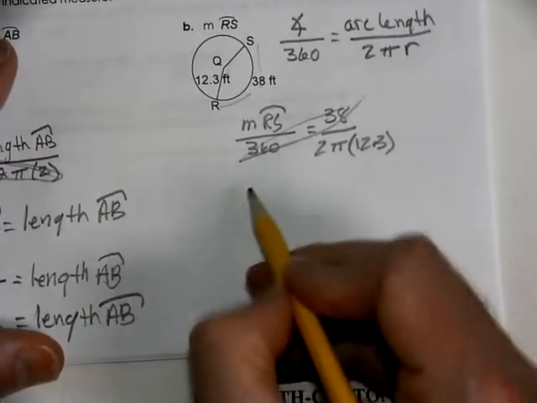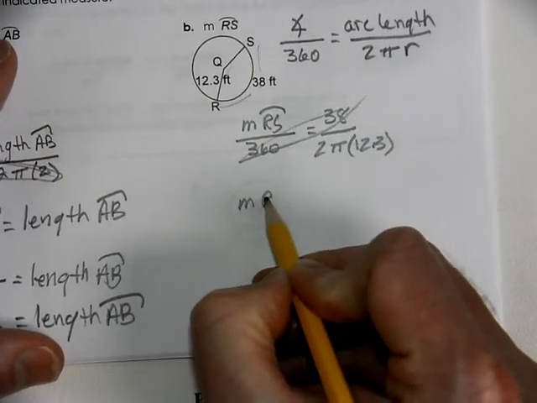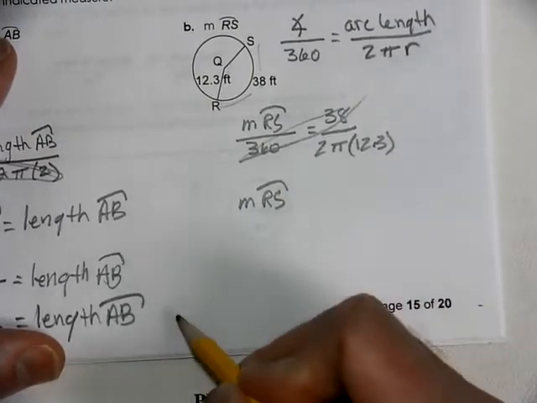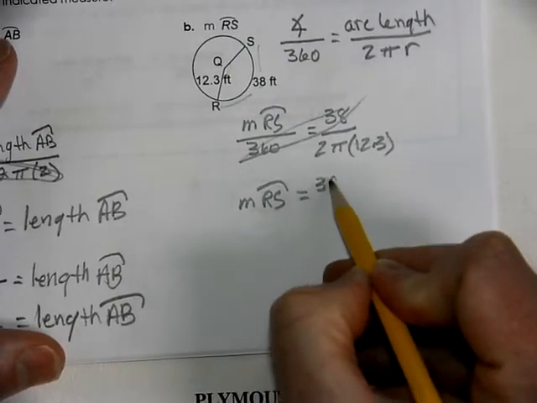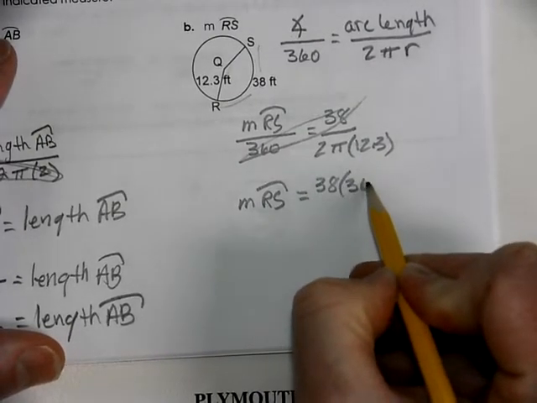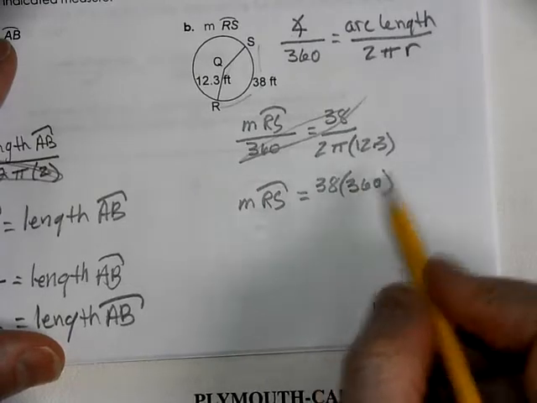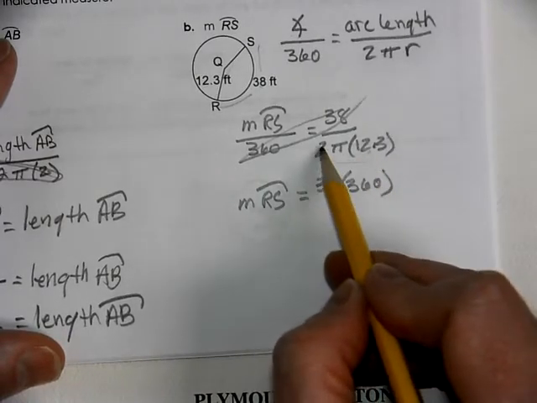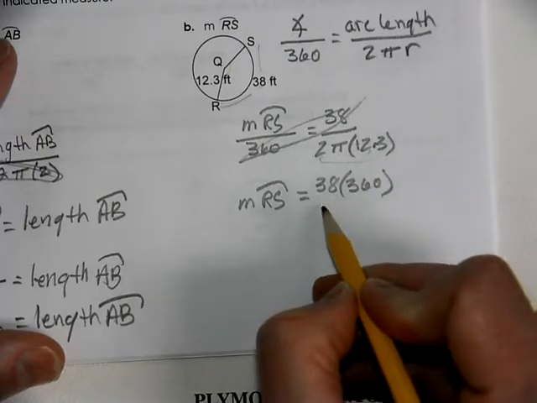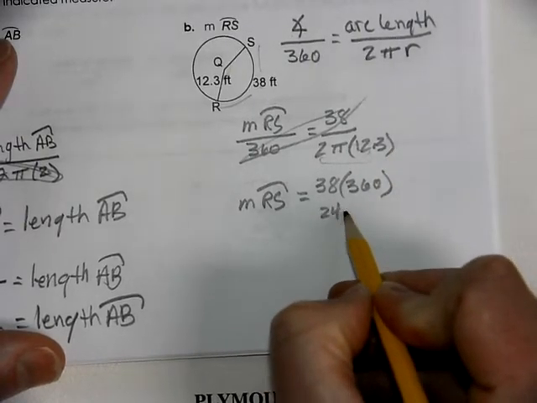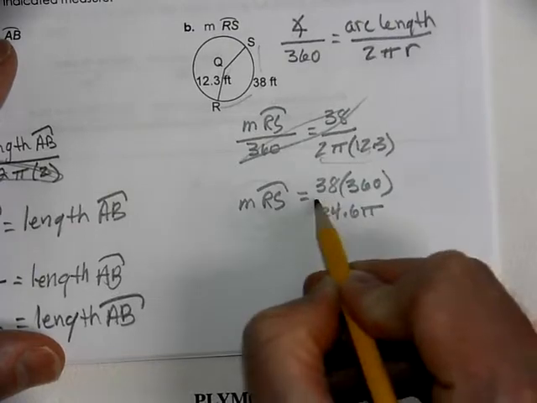So I'm going to cross multiply, so the measure of arc RS, which is our angle value, is 38 times 360. And here we're going to say 2 times 12 and 2 times 3. That's going to be 24.6 pi.